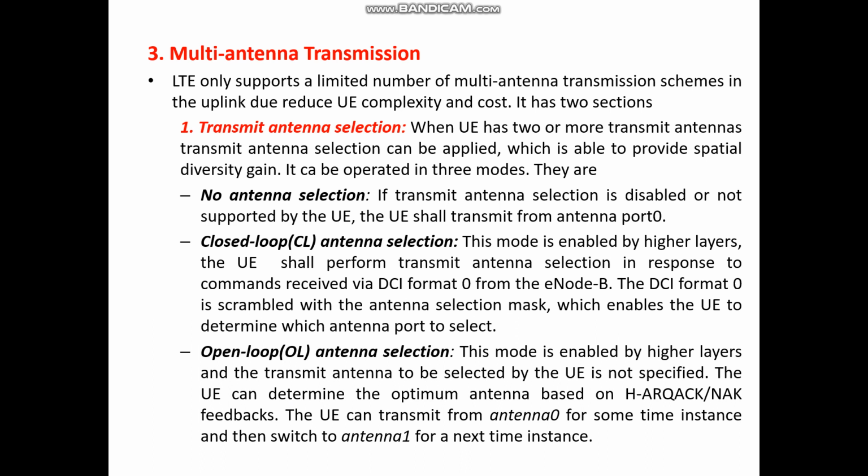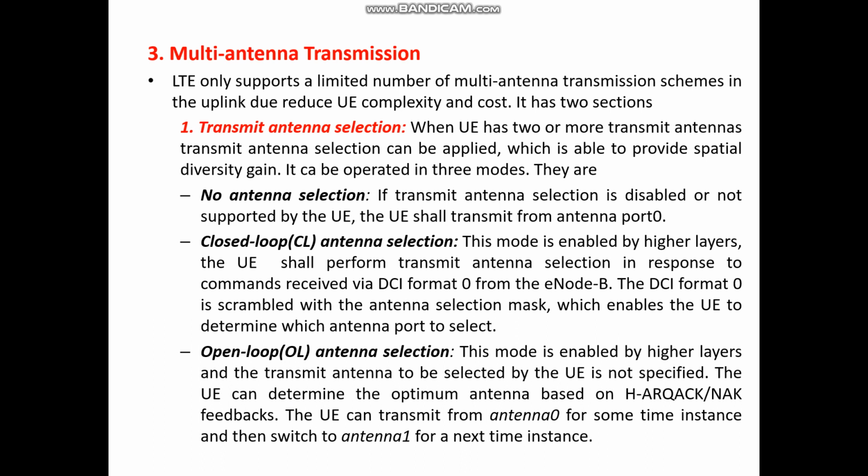LTE only supports a limited number of multi-antenna transmission schemes as compared to the downlink. In uplink, there are limited multi-antenna transmission schemes supported as compared to the downlink due to reduction in equipment complexity and cost. And it has two sections.